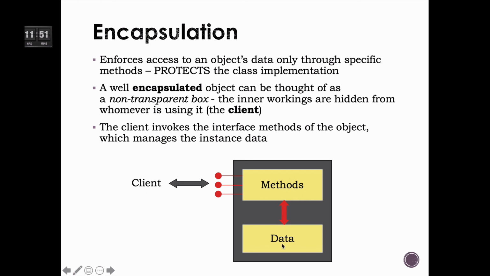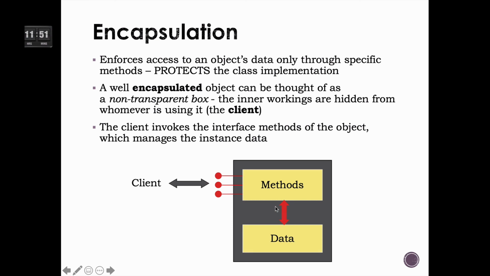Only the methods can access the data, and that way we can protect the integrity of our data because we can defend them through our methods. Any client who wants to use this die can only do it through the methods that we are providing. If we do not allow the client to go and change the value of the die directly, the client will not be able to do that, so our data will actually be defended.